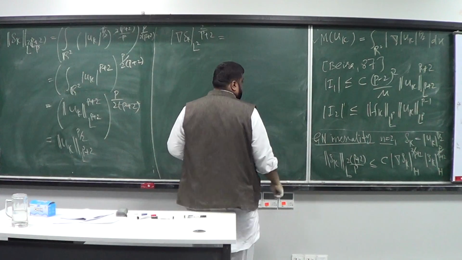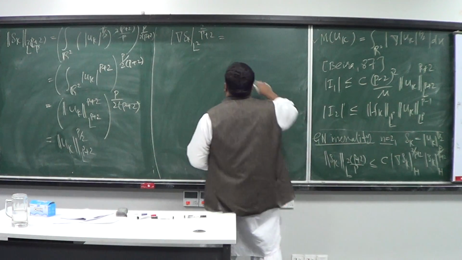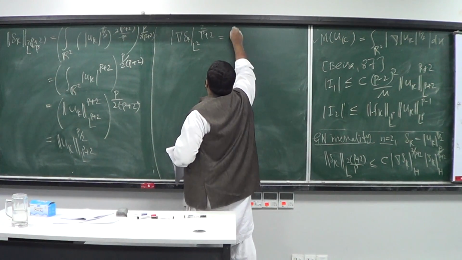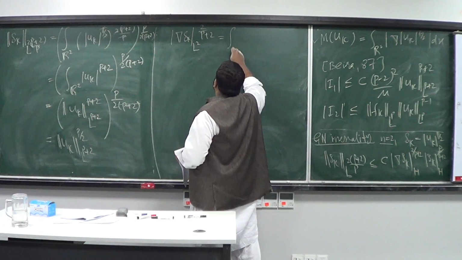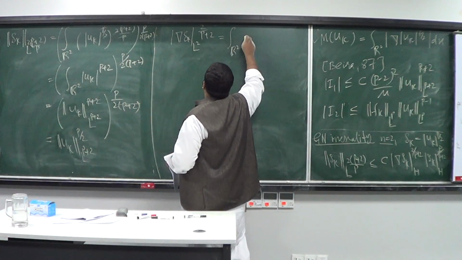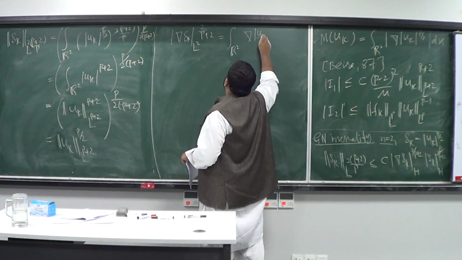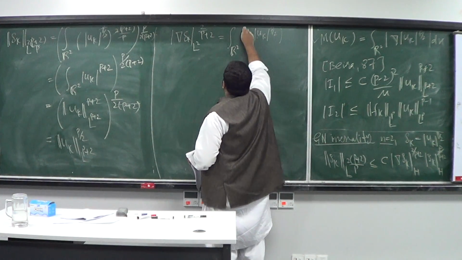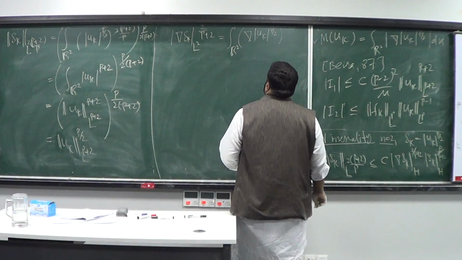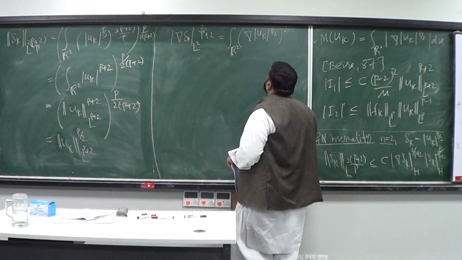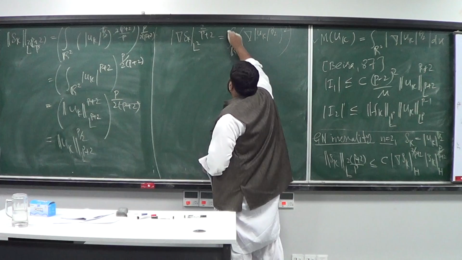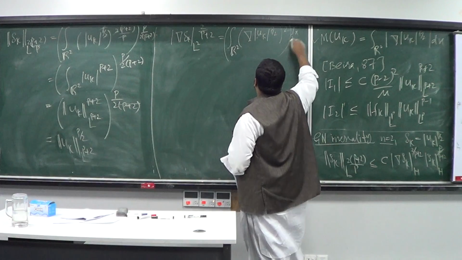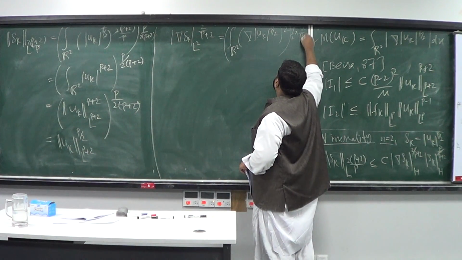So if I simplify it, it's going to be the integral over the full space R2 of the gradient of uk power P upon 2, and everything raised to 2, and everything raised to 1/2 times this power, which is 2 over P plus 2.